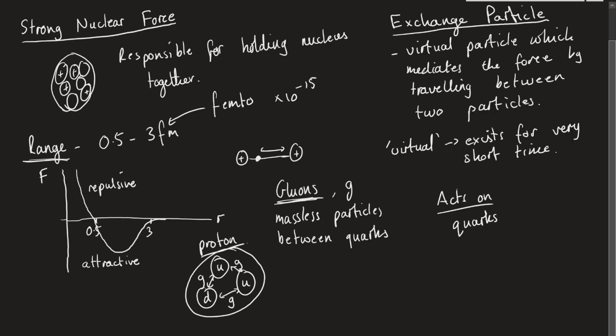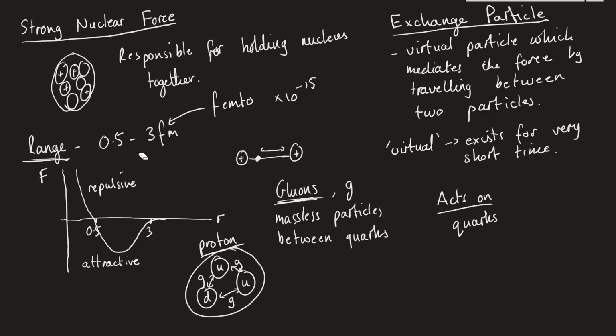Now what's happening inside a proton at this range is not going to happen between 2 nucleons, between a proton and a proton. We can't have gluons because they don't exist for long enough times or long enough distances for us to be able to have that.